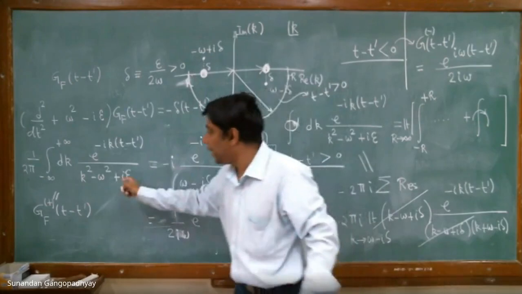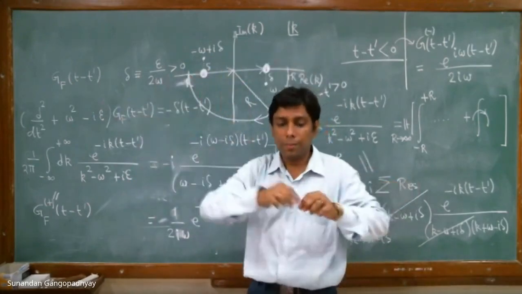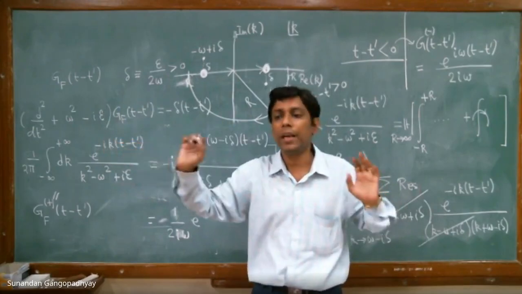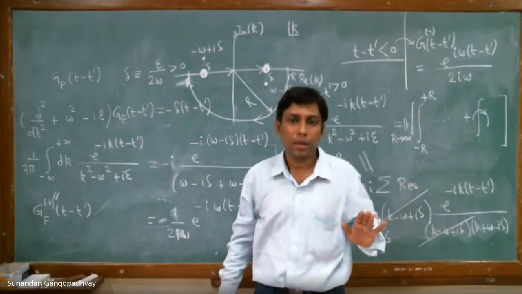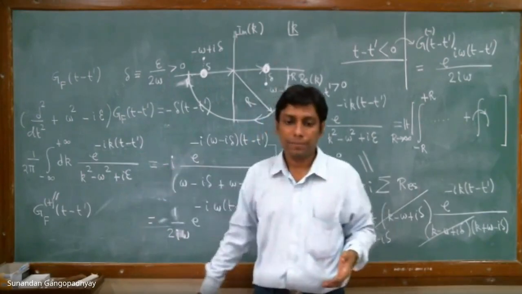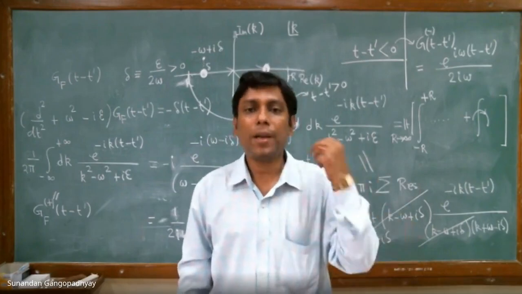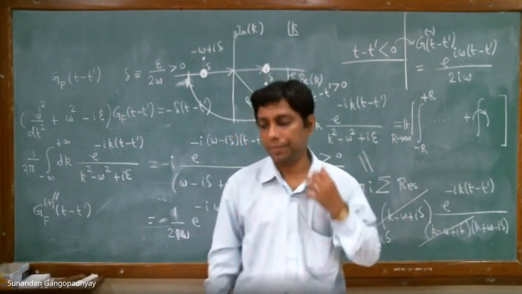And then this integral along the real line, the poles are not along the real line, so you are happy. But still, how to compute this integral? So what we do is we take help of complex analysis, complex variable theory.